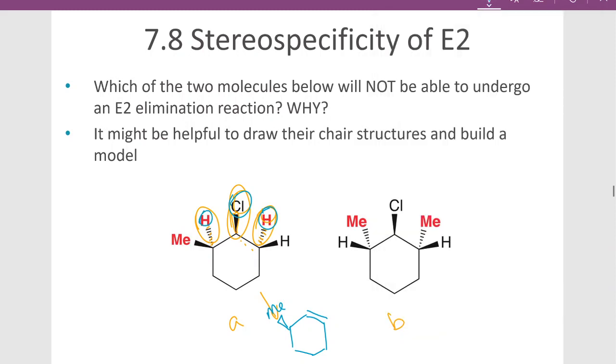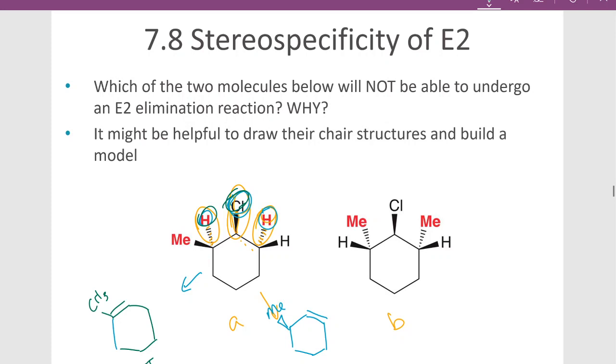If it happened to this hydrogen and the chlorine, then now we have the methyl at the double bond. So we could have either one of those products, and both will occur. This one on the left is more substituted, so that's probably going to be our major product. The one on the right is less substituted, so it'll be a minor product.